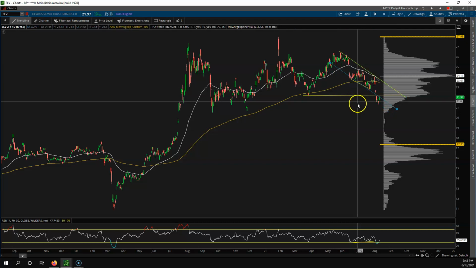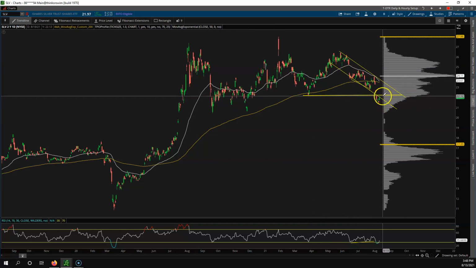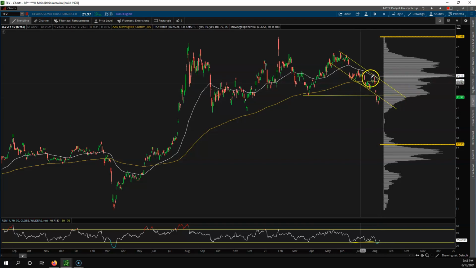Actually, let's do this, because what happened was we fell out of the channel. We fell down here. I would watch this. If we get back above 22, I think we could see a move all the way back up to about 23.50 with silver. So just something to keep an eye on with silver to the upside.